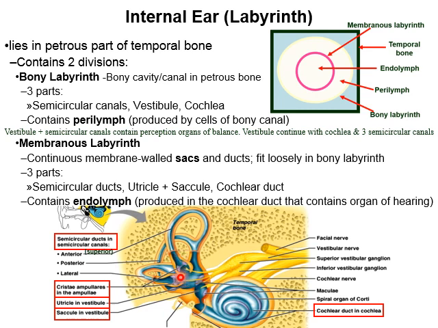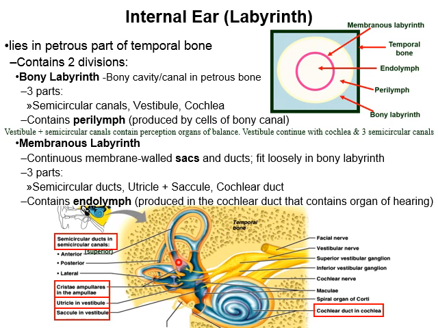So the function of these two parts, the semicircular canals and the vestibule, is the reception of balance. This vestibule is located in the middle, connecting the cochlea, which is a receptor for hearing, with the semicircular canals, which are the receptor for balance.